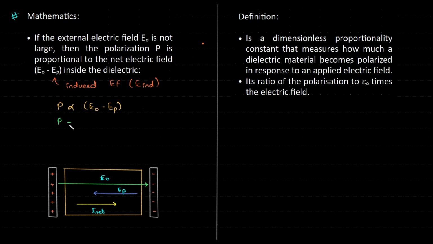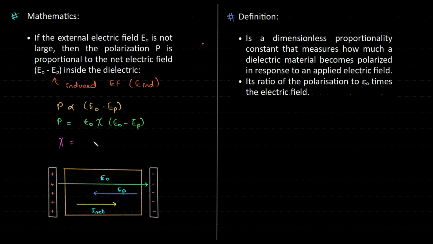When we remove the proportionality, of course, it's dependent on the material, the permittivity of free space, the material itself, and E naught minus E_P. So as a definition, it's a dimensionless proportionality constant. Yeah, actually, so this is your chi, right, guys?